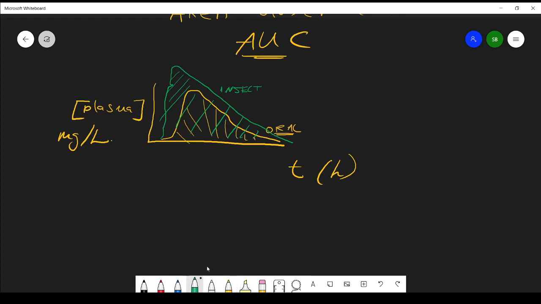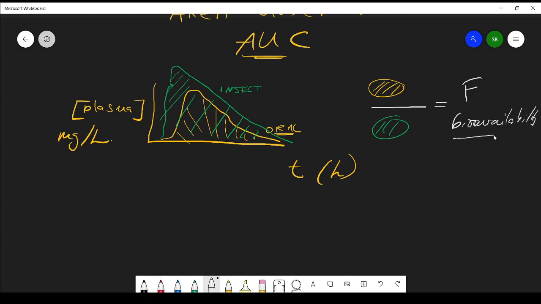So that area divided by this area equals F, the bioavailability. It's how much drug from what you ate or took actually ends up in the plasma or in the blood.